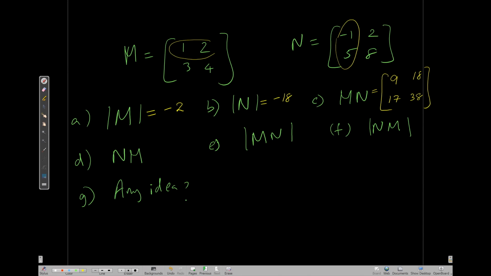And let's do the determinant here. So 9 into 38 minus 18 into 17. 9 into 38: 9 into 8 is 72, 7 left, 9 into 3 is 27, and that's 34, so 342. 18 into 17 is 306.